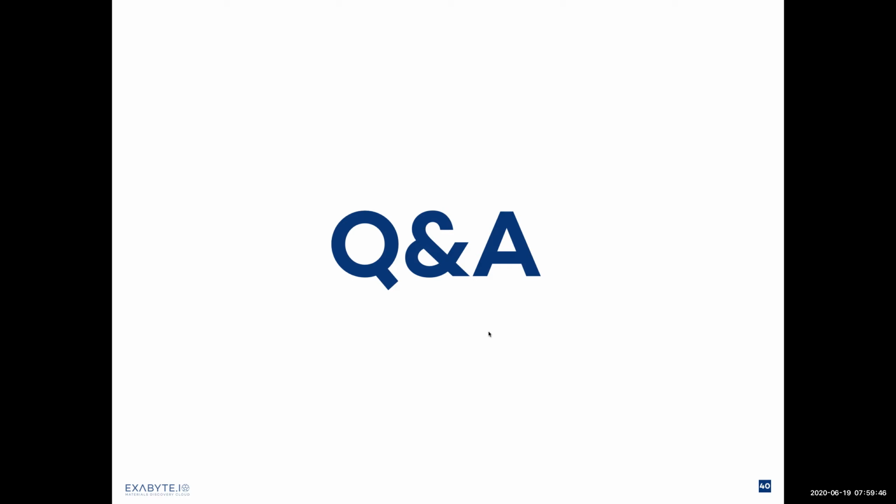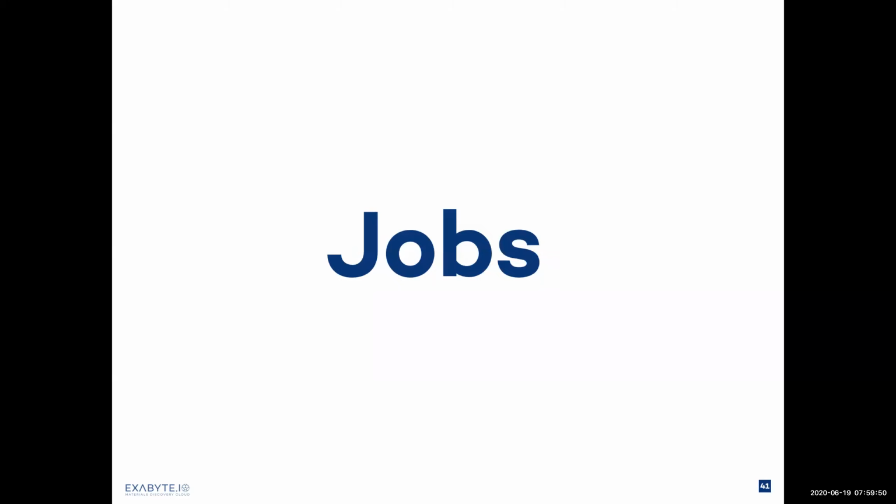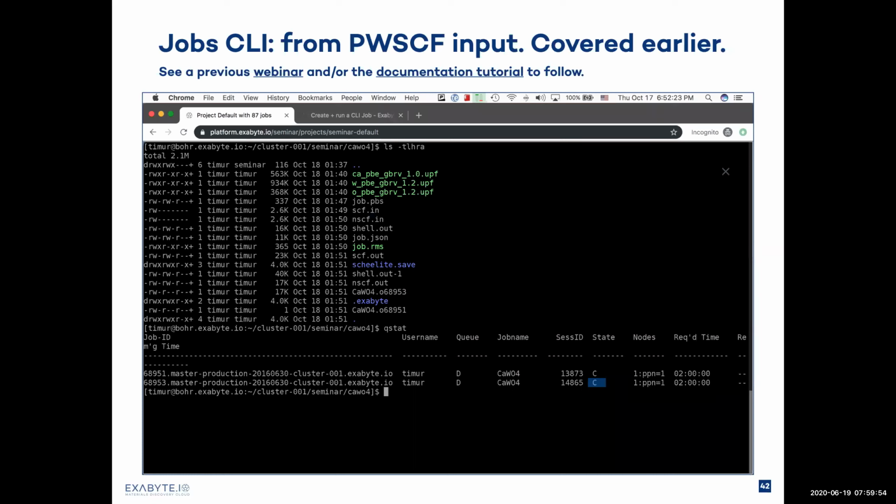I do not see any questions as of this point, so I'm going to continue and speak about jobs. So once we have created materials and workflows, we are now ready to run the calculations, run simulations with the materials and workflows. And again, it can be done in two ways. Either we can completely bypass the user interface and use the command line terminal.